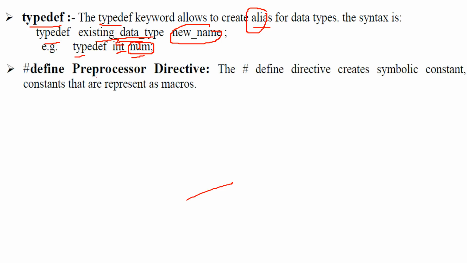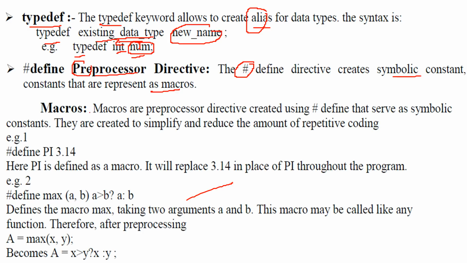Hash define preprocessor directive. This hash is very important. Before processing, there is certain preprocessing going on, where things are being placed inside your code. This hash define directive actually creates symbolic constants, represented as macros.